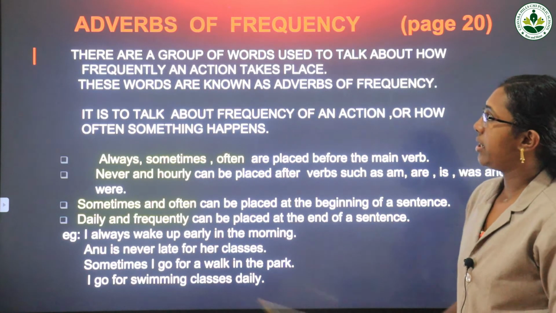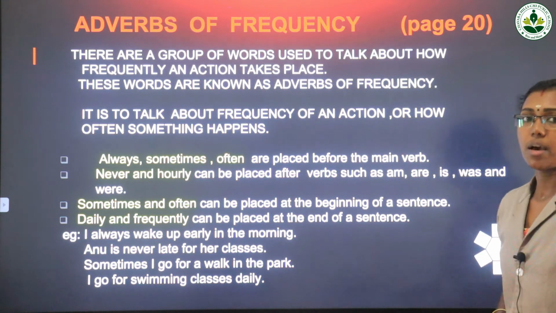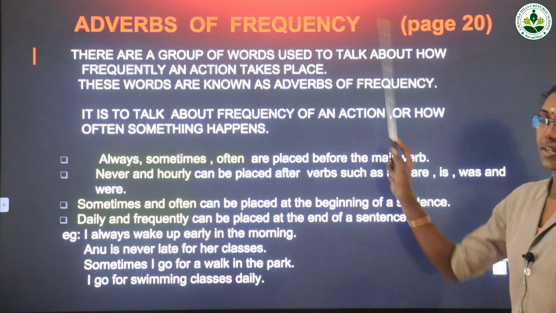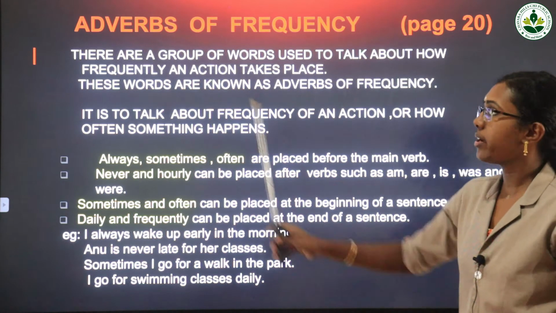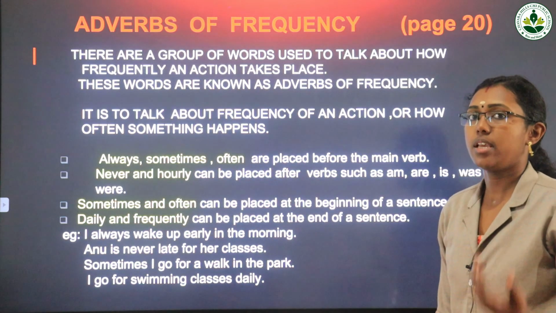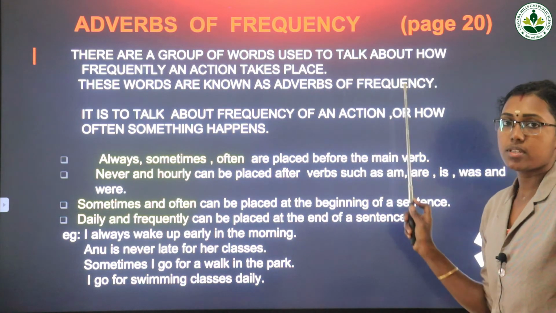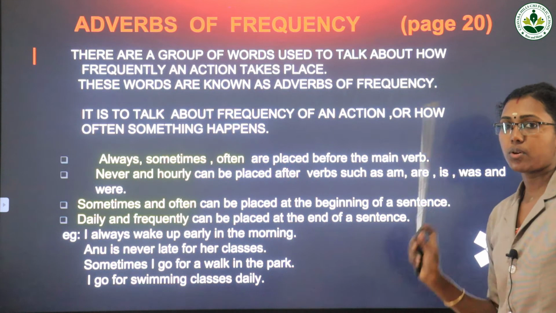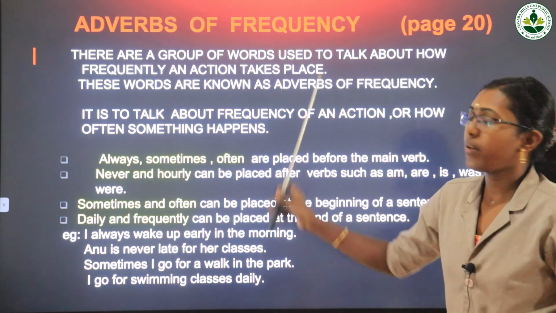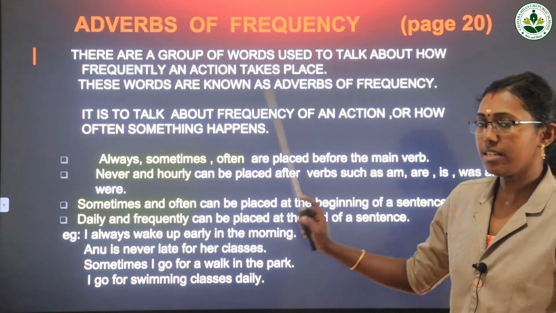Next we are going to learn chapter 6, adverbs of frequency. We are already learning about adverbs, which qualify the action or say something about the verb. Here we have to learn about adverbs of frequency, a group of adverbs used to indicate frequency.